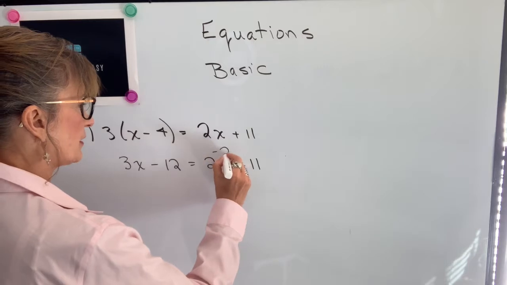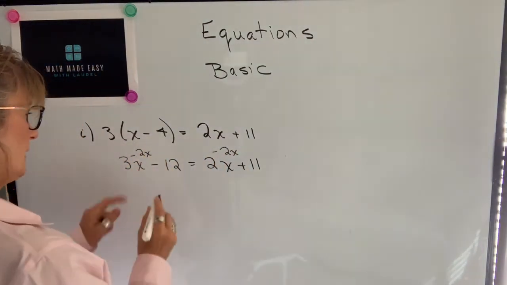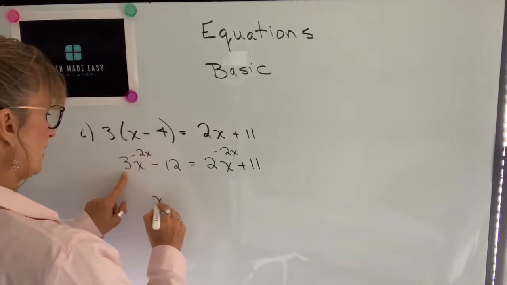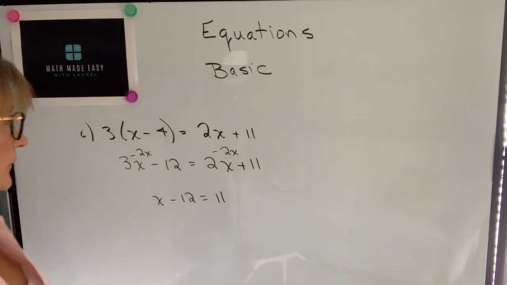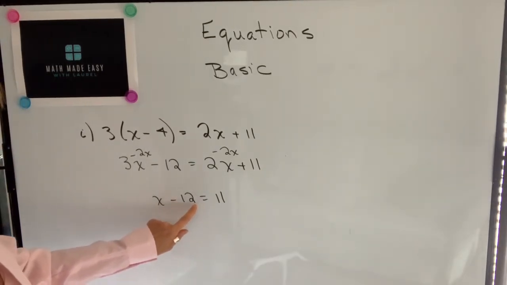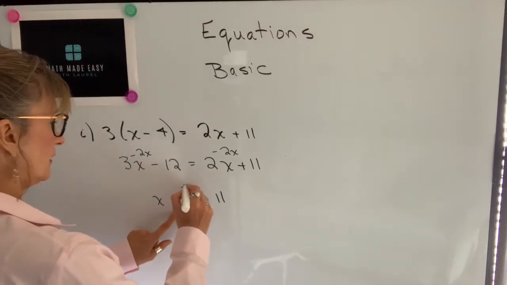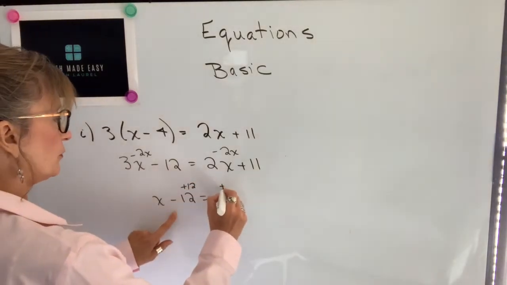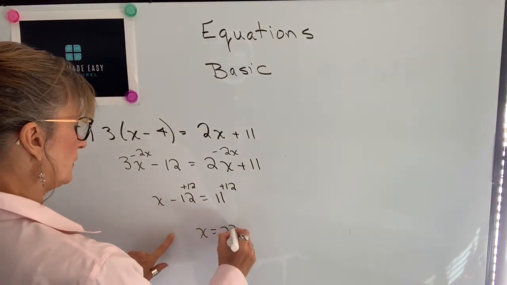So I'm going to subtract a 2x from this side, and a 2x from this side. 3x minus 2x is 1x. Now I want to get x by itself, and to do so I'm going to get rid of this 12 that's being subtracted, and we learned in the last video to do that. We add a 12, and whatever you do to one side, you do to the other side. So x will equal 23.